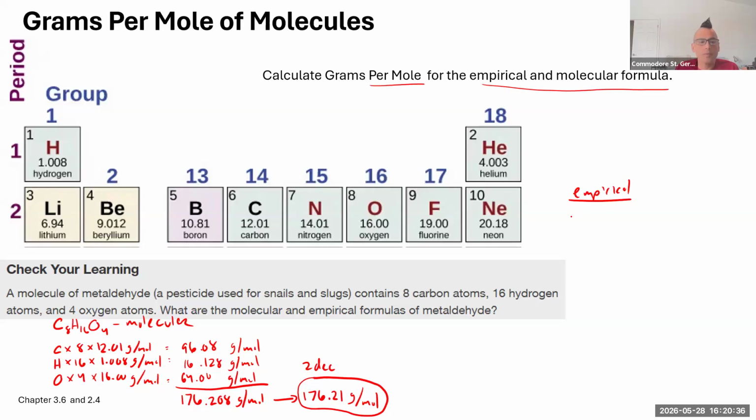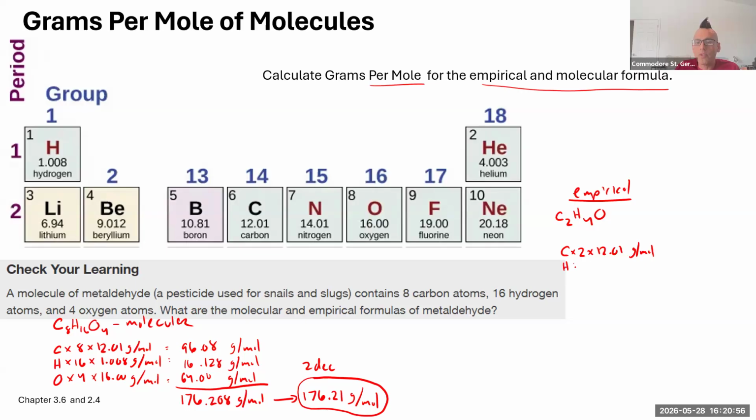All right, so that becomes C2H4O. So we have carbon, we have two, each of those is 12.01 grams per mole.